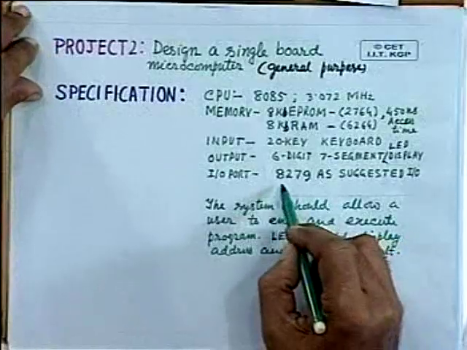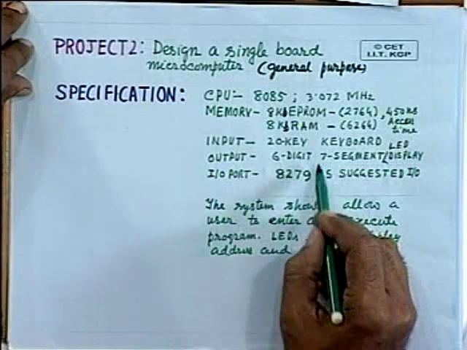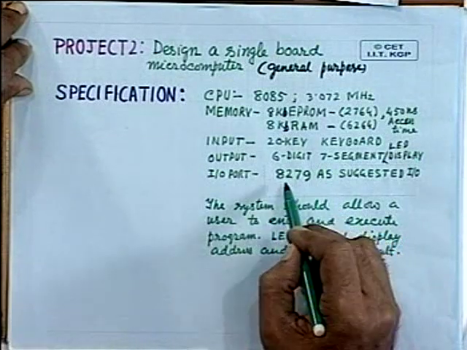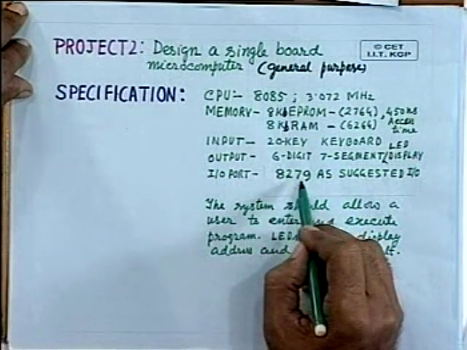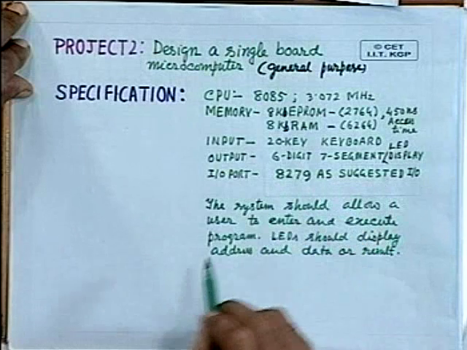If 8255 is used for interfacing the keyboard and display, then the burden on the microprocessor is more, because you have to execute more instructions to get the display, to read the keyboard data. But whenever the 8279 is used, then that burden on the microprocessor or on the programmer is less. That is why 8279 is suggested.